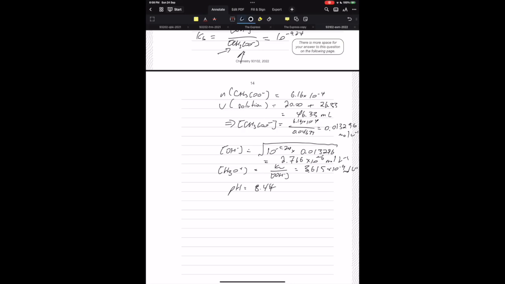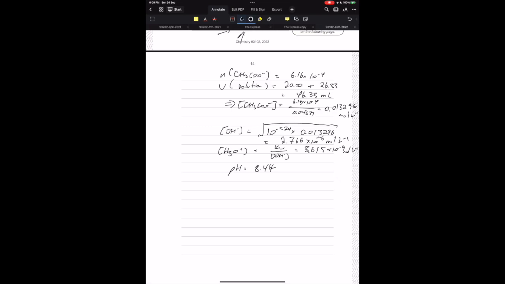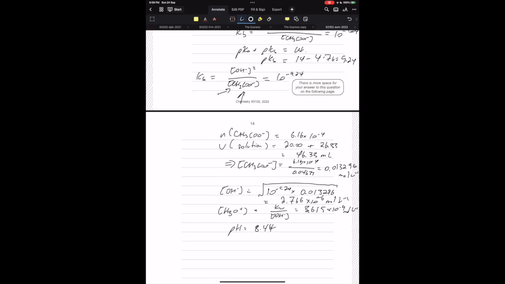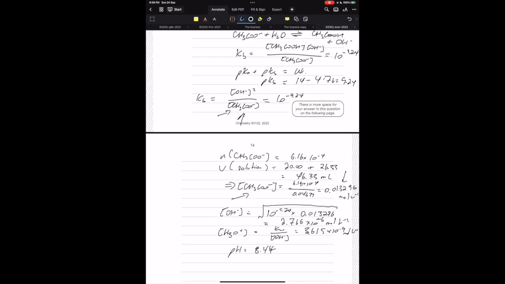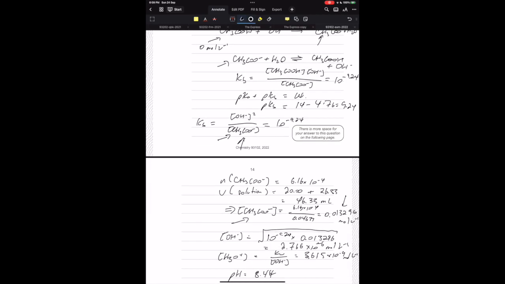But again, we have made an assumption, very similar to the assumption we made before, and it's that the ethanoate concentration is equivalent to this 0.013296. What actually happens is, because the ethanoate ions enter into equilibrium with water, as seen here, the concentration of ethanoate would actually decrease slightly, because it dissociates back into CH3COOH.